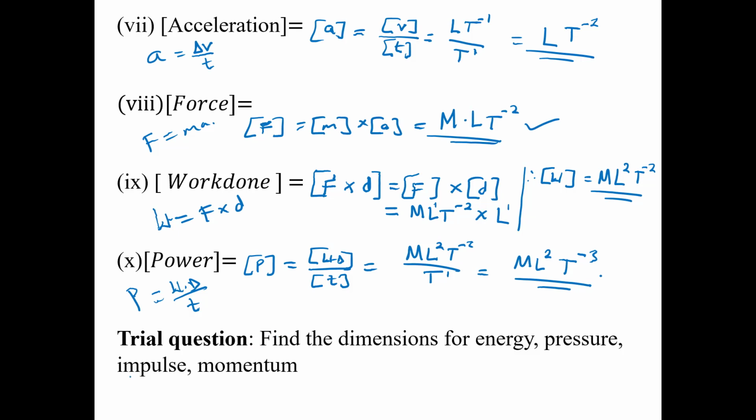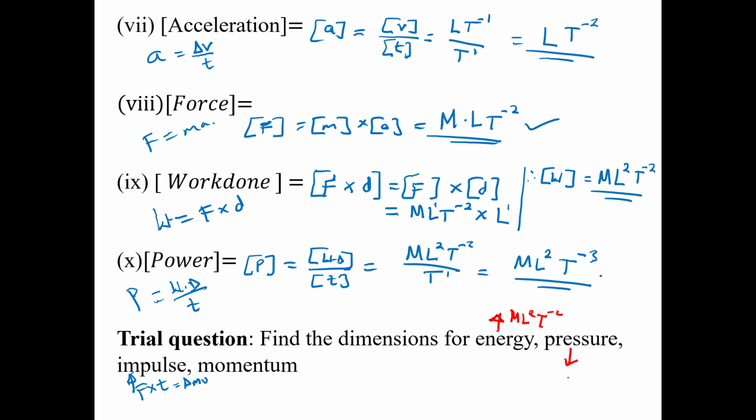And remember that impulse is the same as force times time. Or simply, impulse is the same as the change in momentum. Momentum is mass times velocity. Okay, so energy is the same as work done. So its dimension is the same as ML^2T^-2.